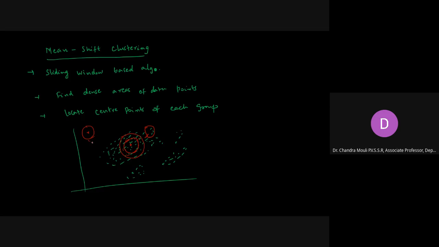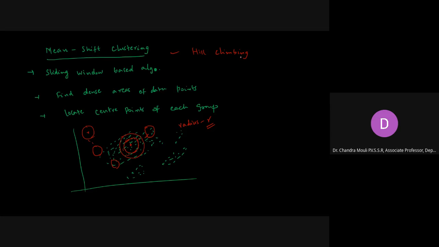And then you keep moving this randomly chosen center to different locations and move towards the dense portion of the data. So this mean shift, if you know artificial intelligence, is like a hill climbing approach, where the parameter for this circular sliding window is the radius r, and we have a similar sort of parameter in the hill climbing algorithm also.